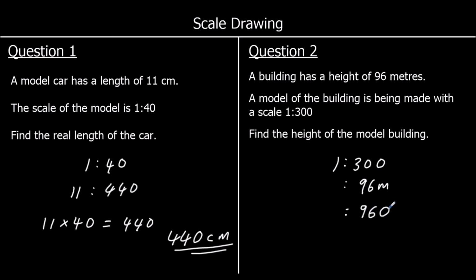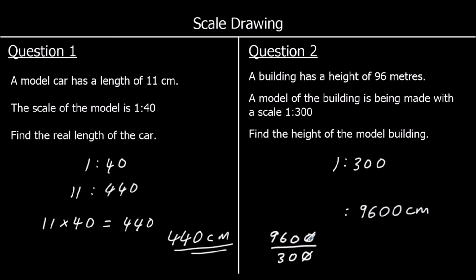So it's 9,600 centimeters. So for every 300 centimeters in real life, we want 1 centimeter in the model. So we're going to do 9,600 divided by 300.